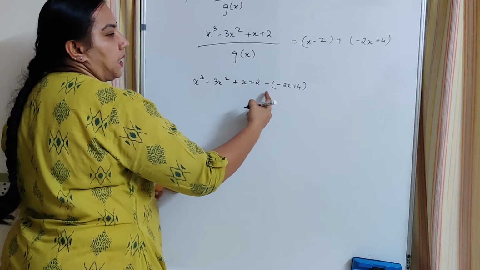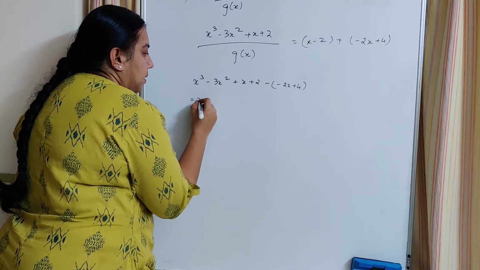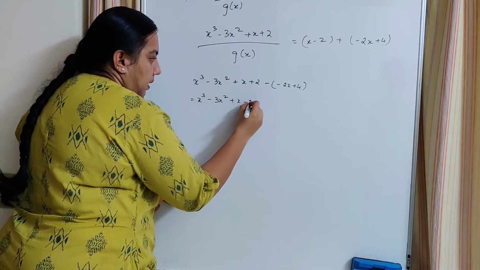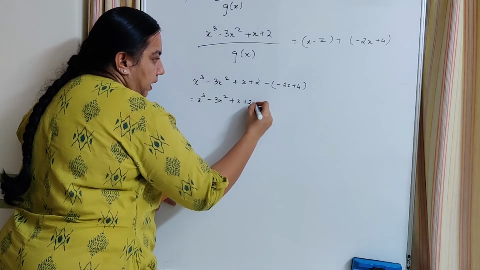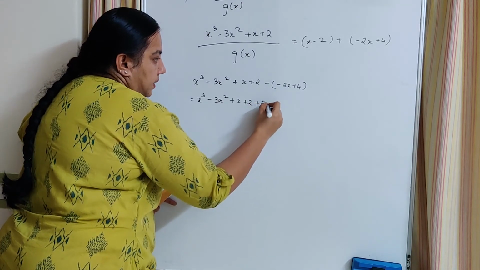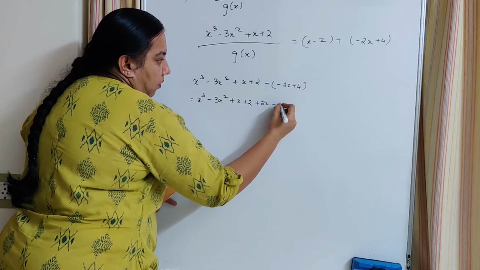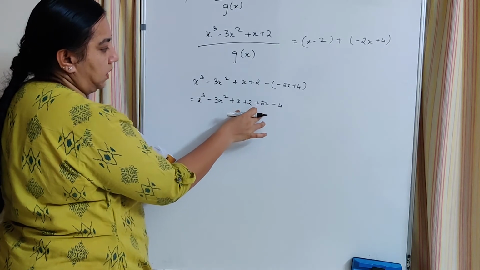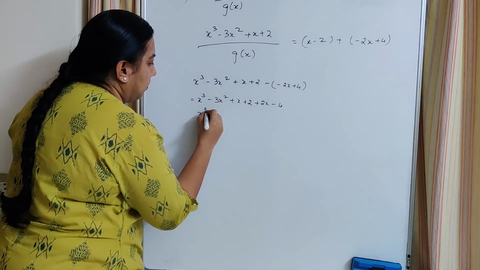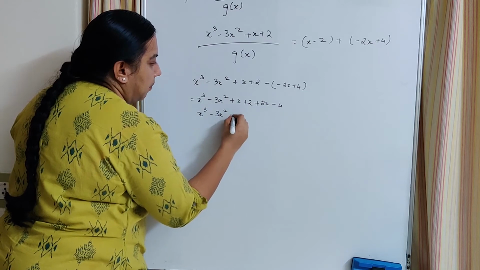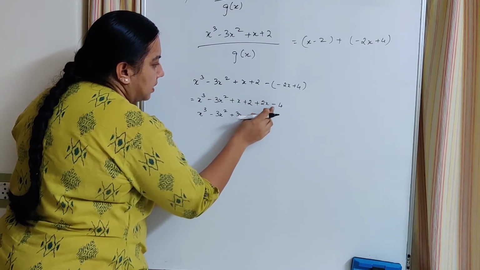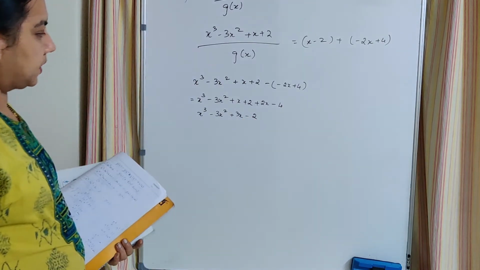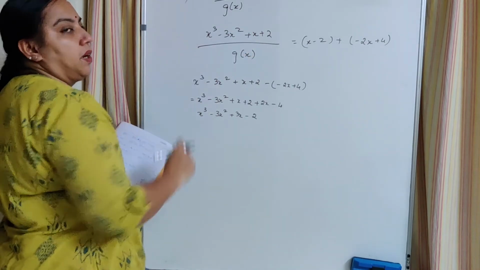When I subtract, the minus goes inside, so this becomes x cube minus 3x square plus x plus 2x minus 4 plus 2. Combining the x terms, it becomes x cube minus 3x square plus 3x, and minus 4 plus 2 becomes minus 2. So I have got a new p of x.